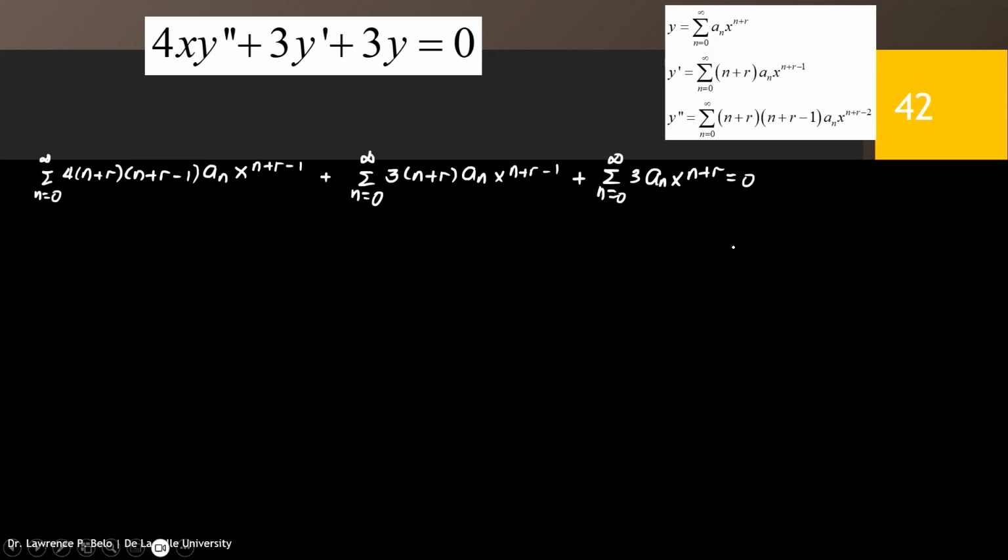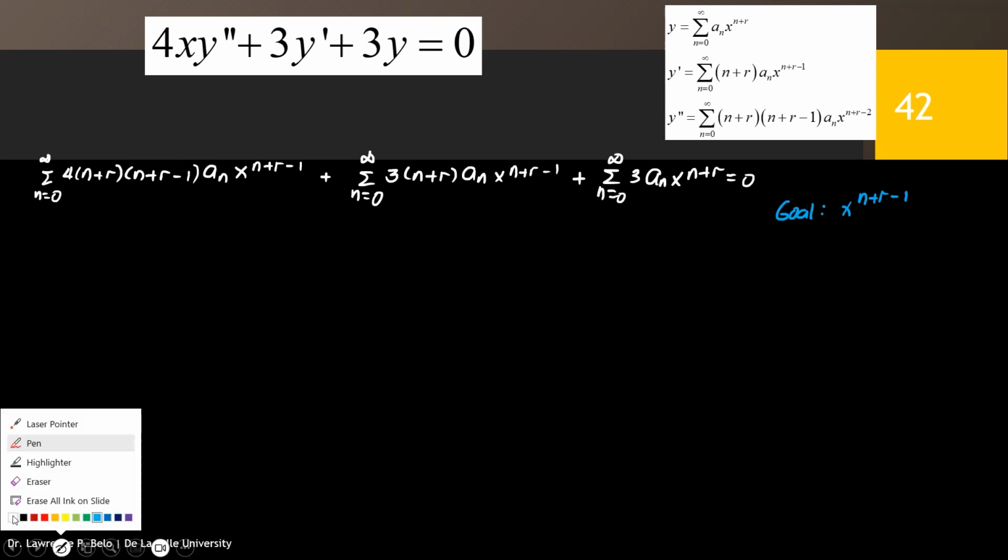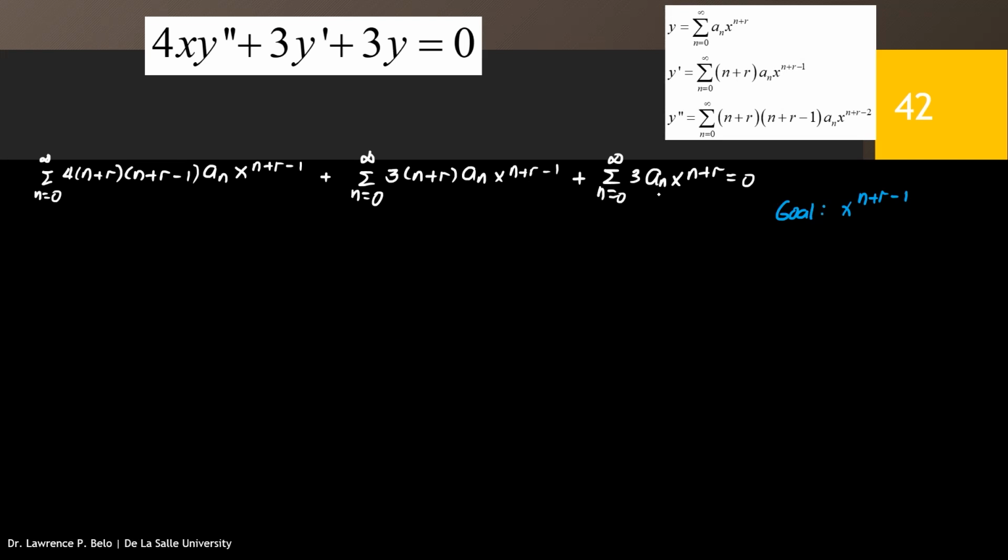So again, our target is to have the same powers. The lowest power that you see at the moment is x to the n plus r minus 1. So this is our goal. So this one, we need to change the third.